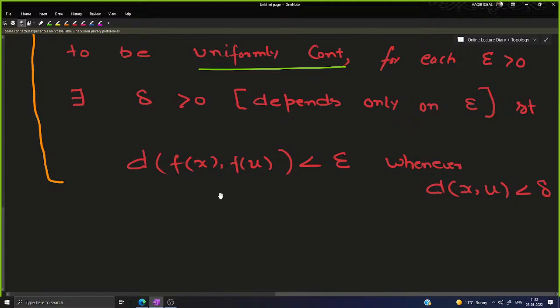Neither of these x and u are fixed. ठीक है, तो एक तरह से समझ लीजिए दे आर आर्बिट्रेरी.